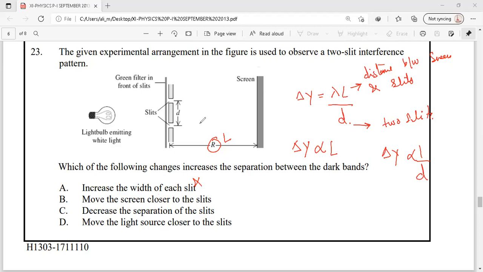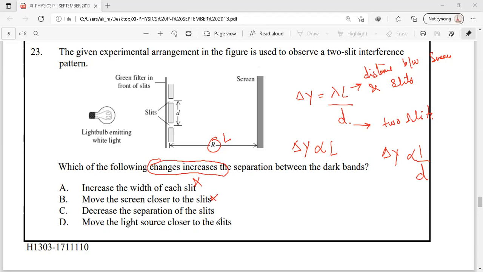Moving the screen closer to the slit means decreasing L, and decreasing L will also decrease Δy. The question said increase in the separation between the dark fringes, so option 2 is the incorrect answer.